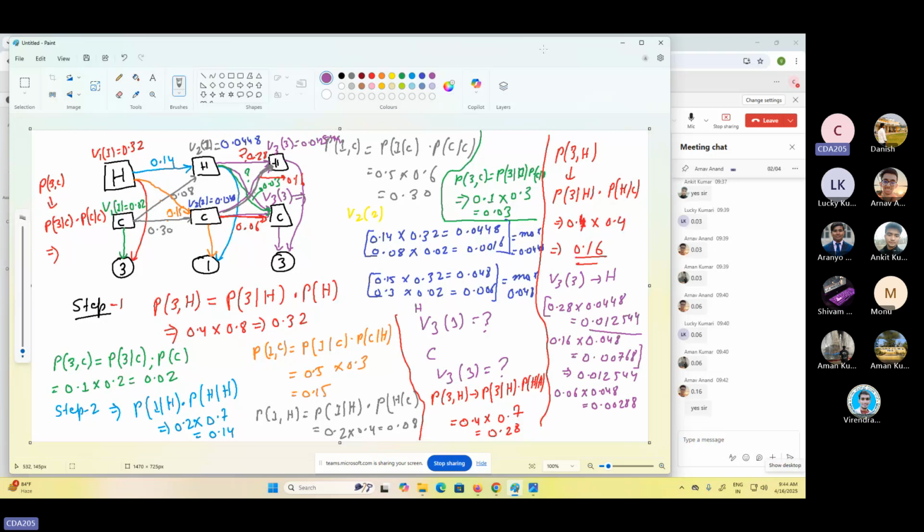And the other one is 0.03 into 0.0448, its value will be 0.001344. So which will be the max value? This will be the max value. So it will be 0.00288. Understood, everyone?